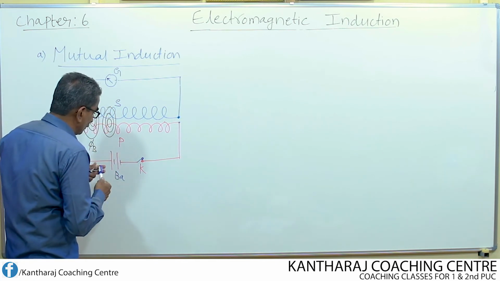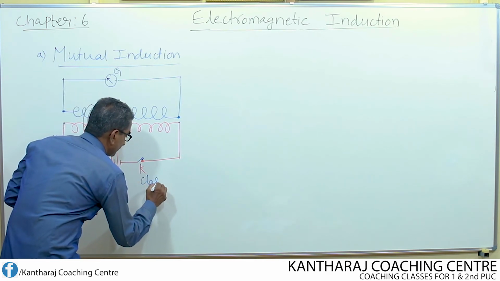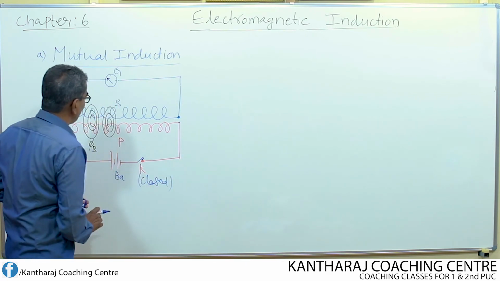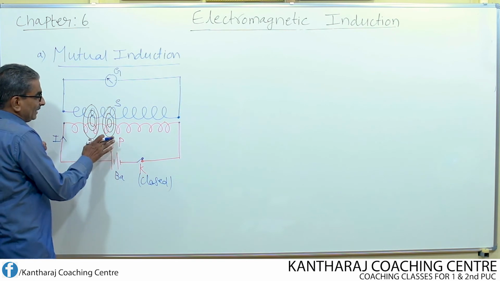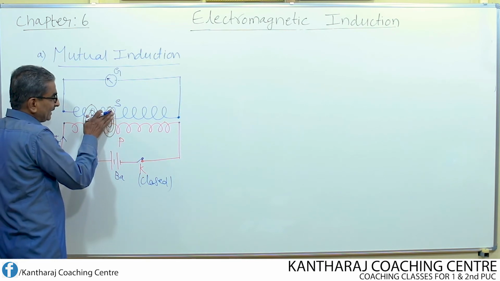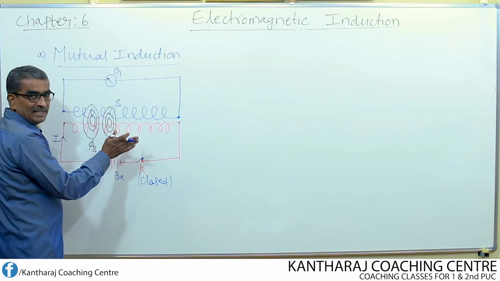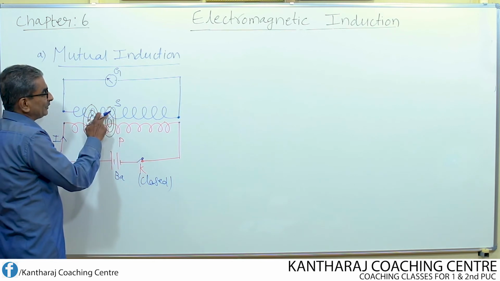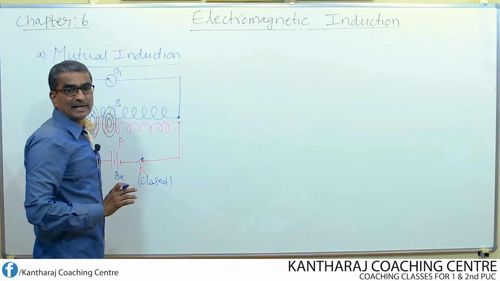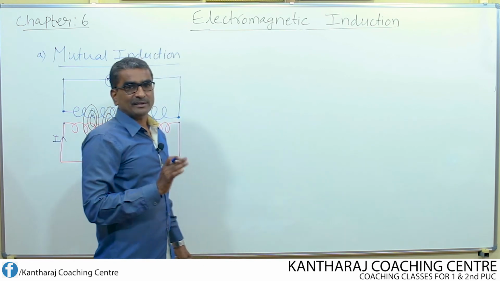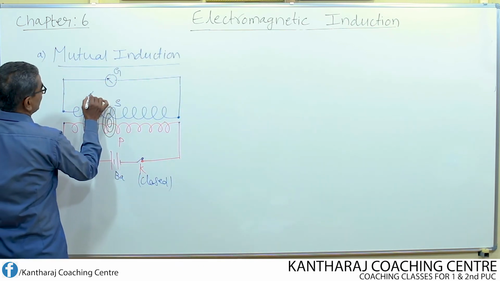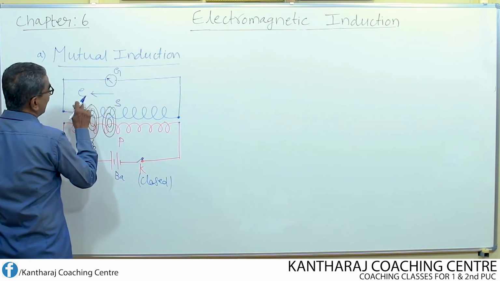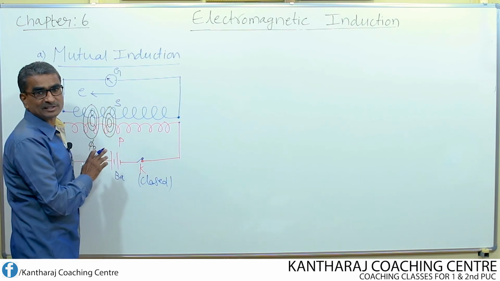So when the key is closed, the flux linking with the secondary coil goes on increasing. As a result, in the secondary coil, an EMF is induced. The direction of the induced EMF is such that it always opposes the change that causes it.